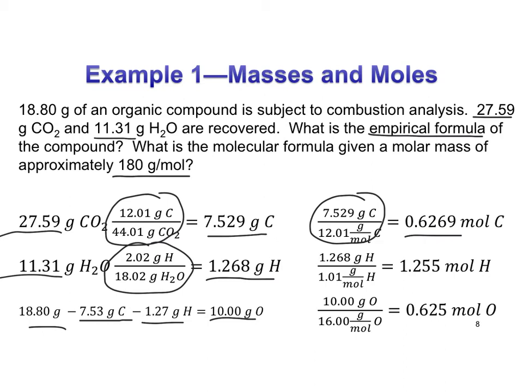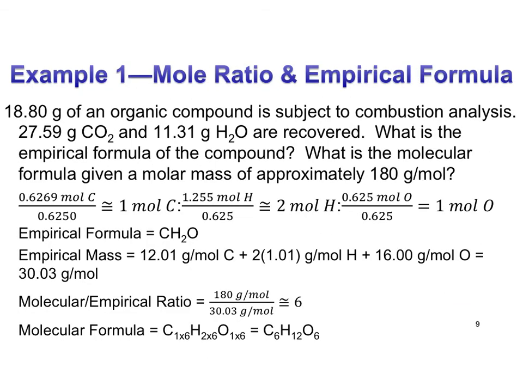For hydrogen, 1.268 grams hydrogen divided by 1.01 grams per mole gives 1.255 moles hydrogen in the compound. Finally, for oxygen, 10 grams oxygen divided by 16 grams per mole gives 0.6250 moles oxygen in the compound.